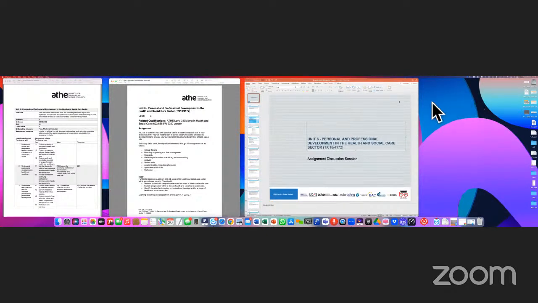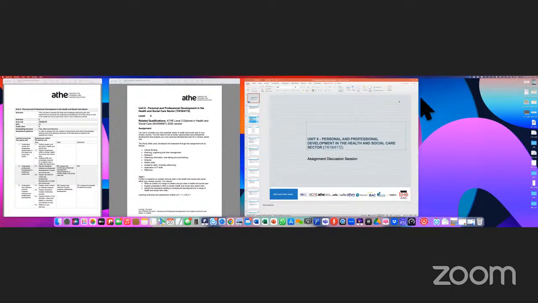They convert the learning outcomes and assessment criteria, LOs and ACs as we call them, into tasks. These tasks are like question-and-answer exercises that we need to cover to create evidence to finish this unit.